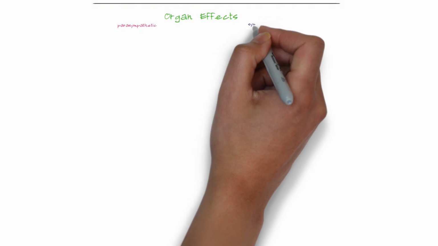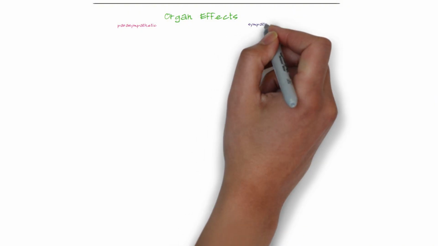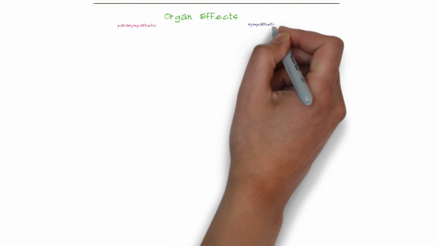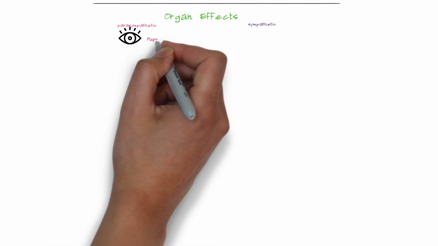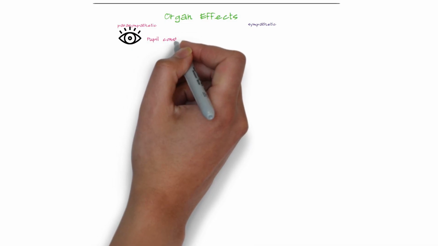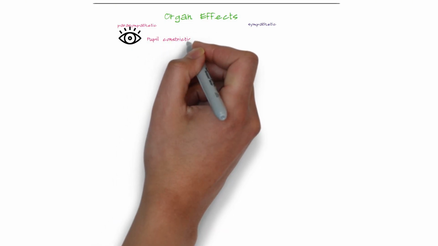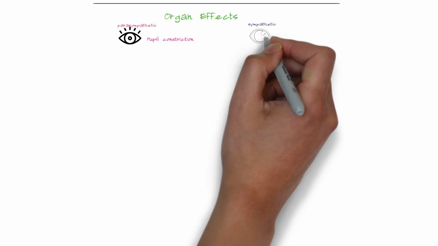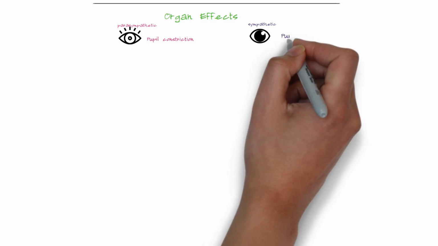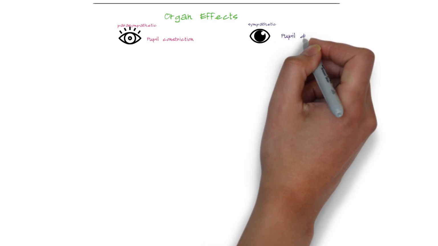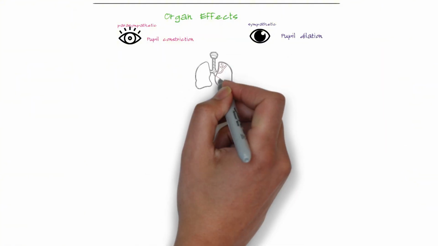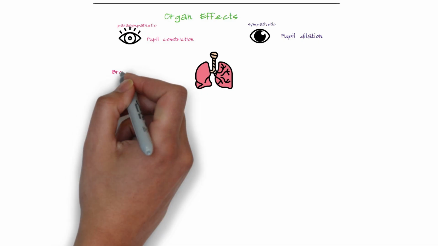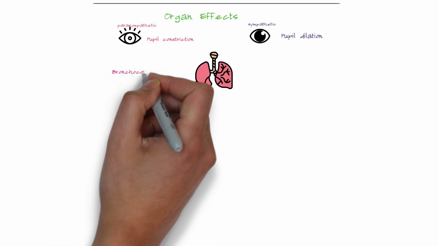For the heart, the sympathetic causes an increase in the heart rate and the contractility, while the parasympathetic causes a decrease in the heart rate. For the blood vessels, mainly sympathetic control, sympathetic activation causes vasoconstriction and an increase in the blood pressure. And now let's talk about the gastrointestinal tract and the bladder too.